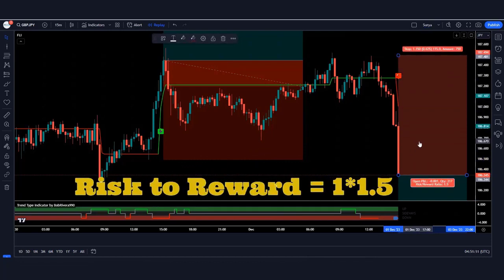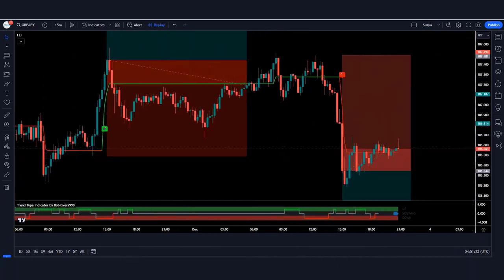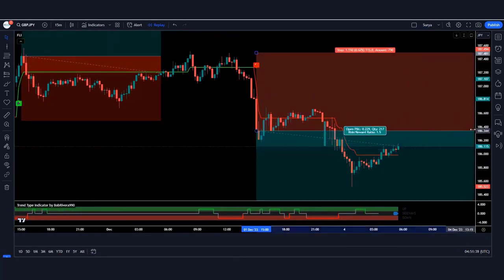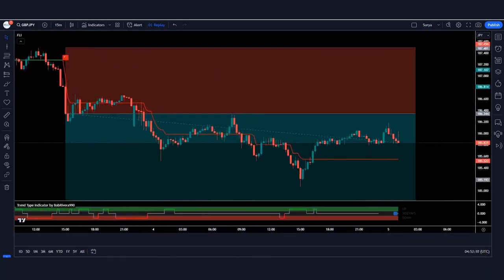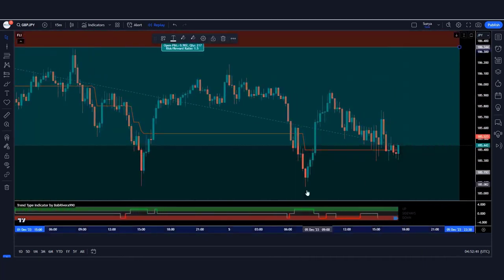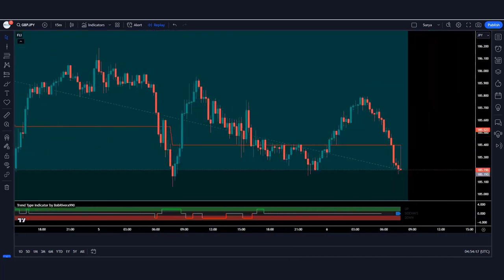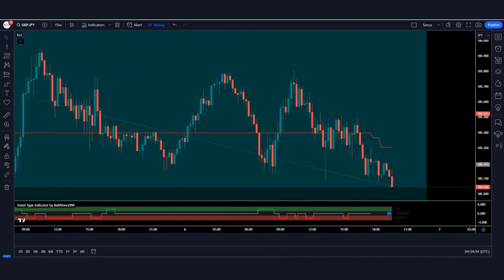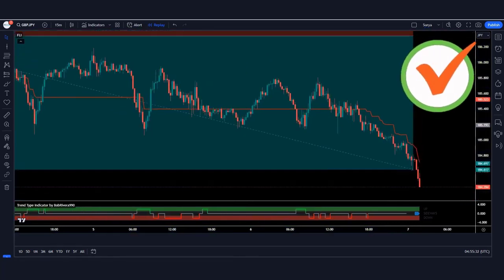And the risk to reward ratio will be 1:1.5. The market is completely on target.